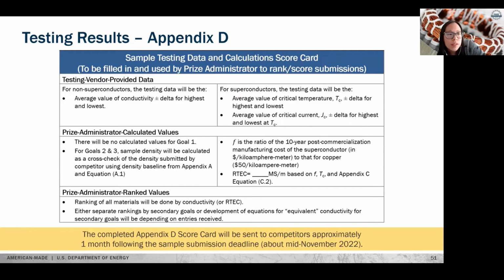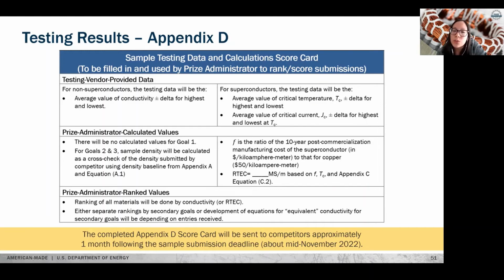So for goal 1, for a non-superconductor, there are no calculated values, but for goals 2 and 3, the prize administrator will calculate sample density as a cross-check of the density that you submit using the density baseline from Appendix A, which is equation 8.1. Now for the superconductor submissions, they'll be providing the ratio of the 10-year post-commercialization manufacturing cost of the superconductor, in dollars per kiloamp meter, compared to copper, which is $50 per kiloamp meter.